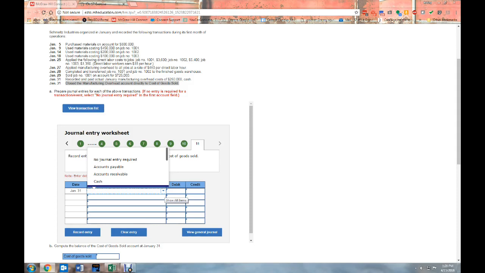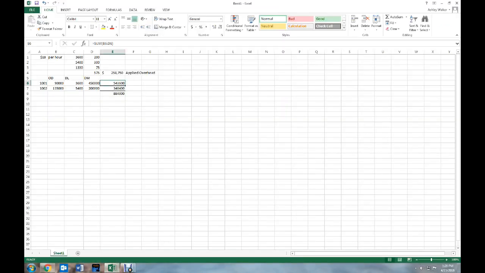So remember, our cost of goods sold, unadjusted, if we go look, when we added these two together, 543,600 and 340,400, we got our total.